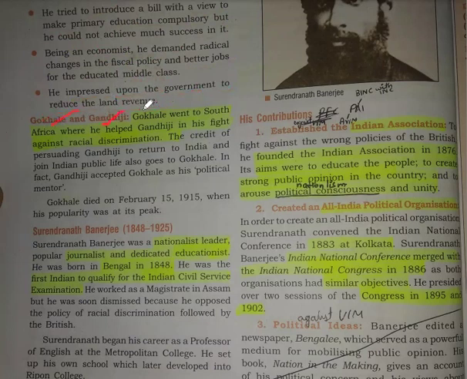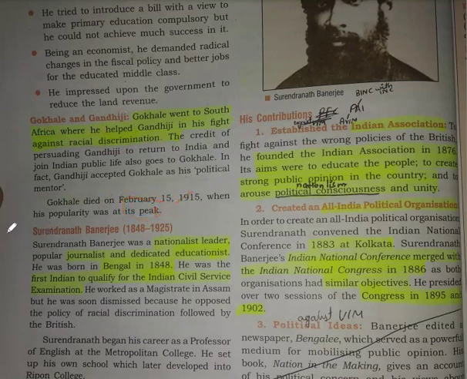So Gokhale and Gandhiji. Gokhale went to South Africa where he helped Gandhiji in his fight against racial discrimination. So he was also given a title over here as political mentor. Gokhale died on February 15, 1915, when his popularity was at its peak.